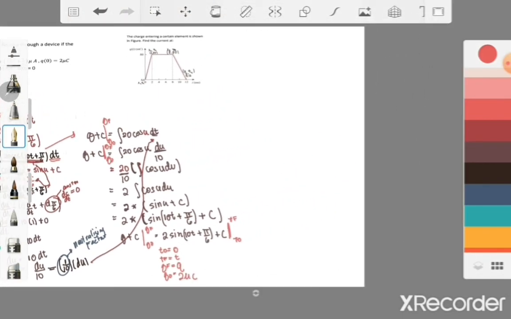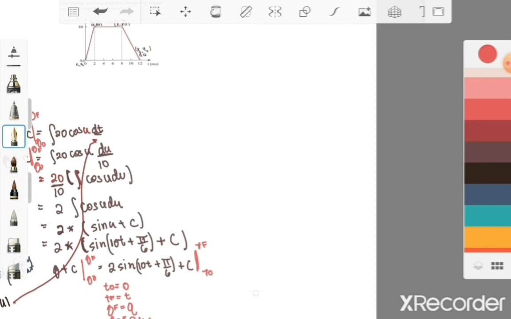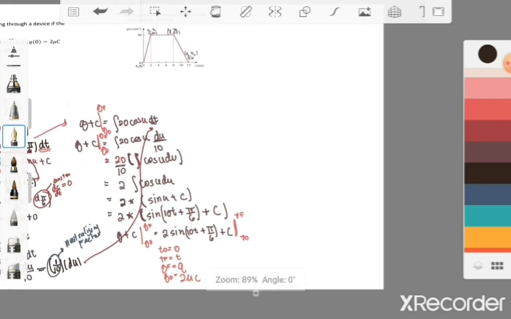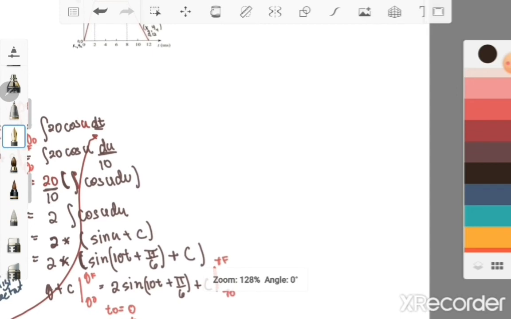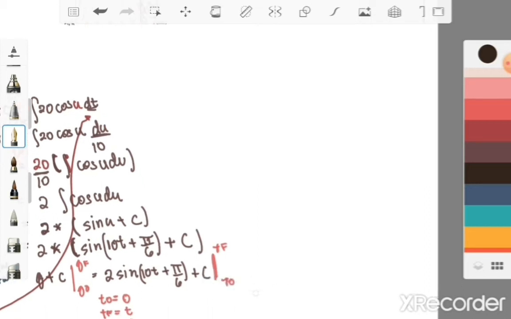Let's substitute. The concept of your definite integral is that we will substitute your upper and your lower limit into the integrated equation.